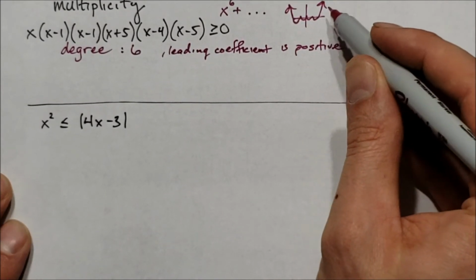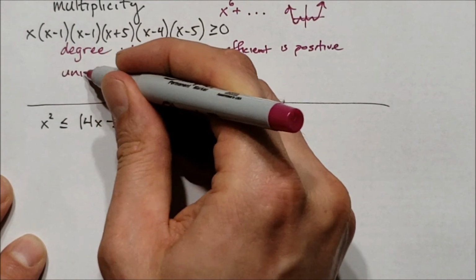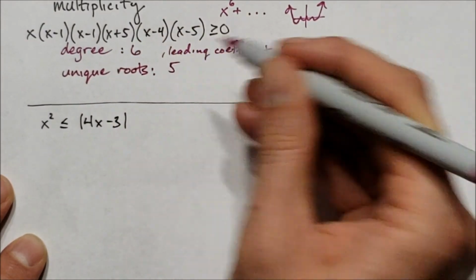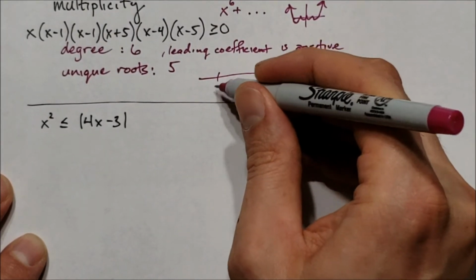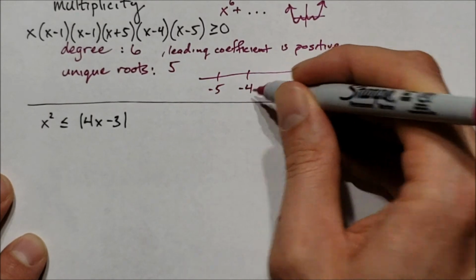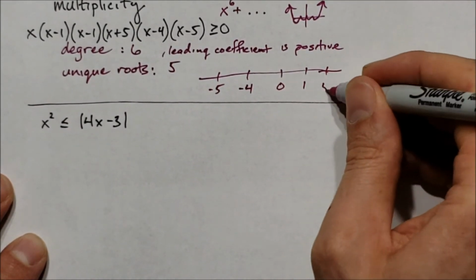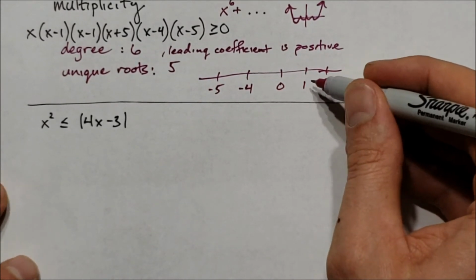The end behaviors are both positive. But of our unique roots, we have just 5. So on our number line, we're going to have our -5, our -4, we have 0, we have 1, and we have 5. Now there are 2 of them at 1, but we can only put one time on this.